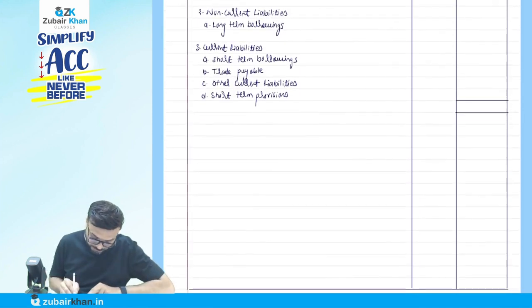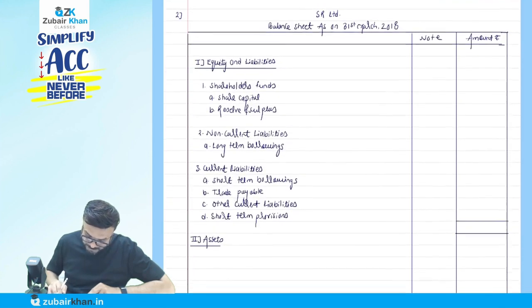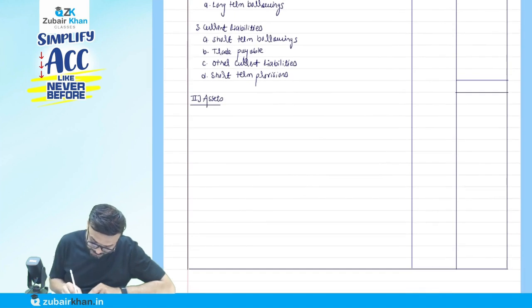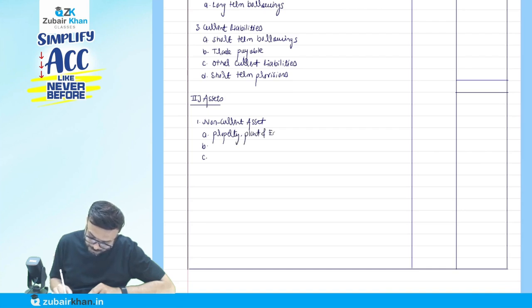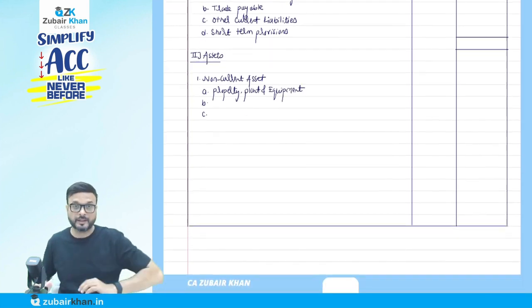Okay, now here assets. Okay, now here non-current asset, property, plant and equipment. Okay, property, plant and equipment.